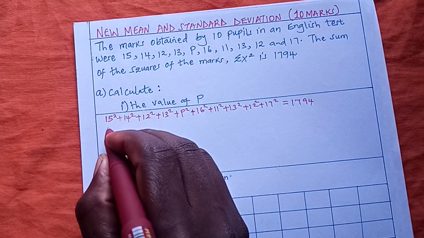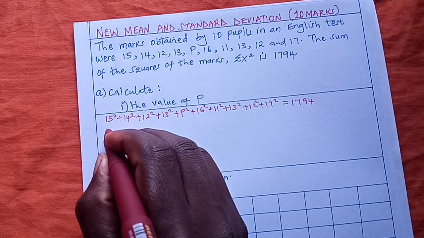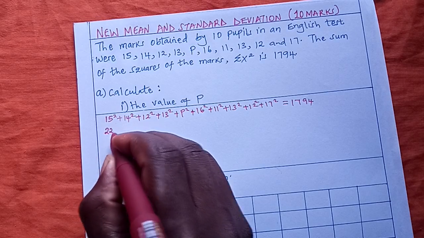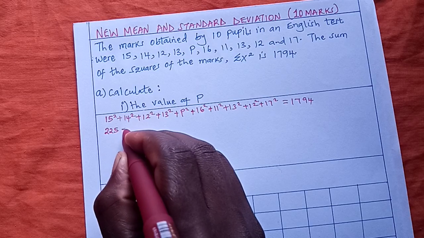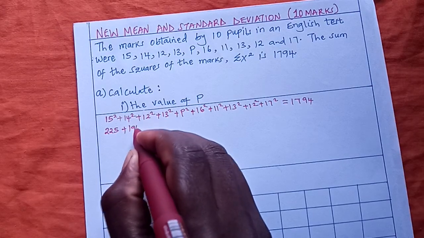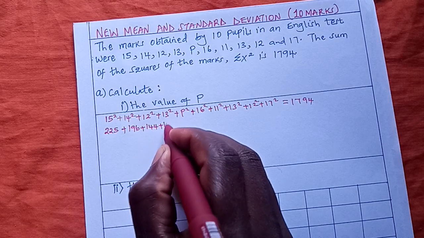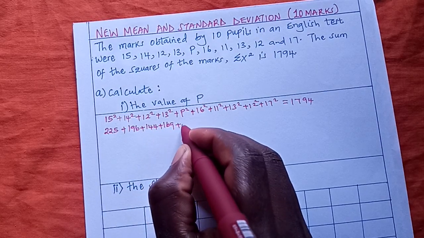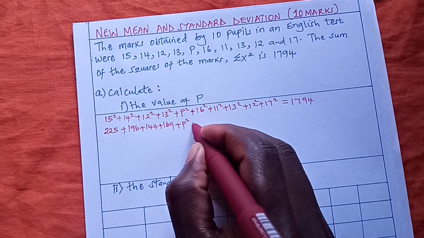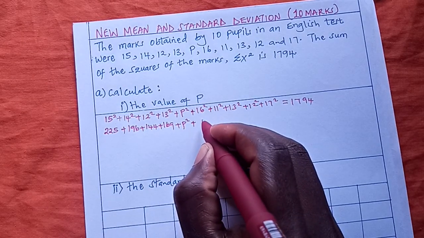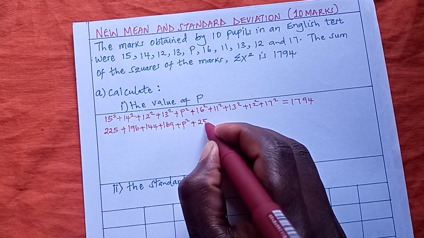Now let us get the squares. The square of 15 is 225. The square of 14 is 196. The square of 12 is 144. 13 is 169, and we have P squared plus the square of 16 is 256.